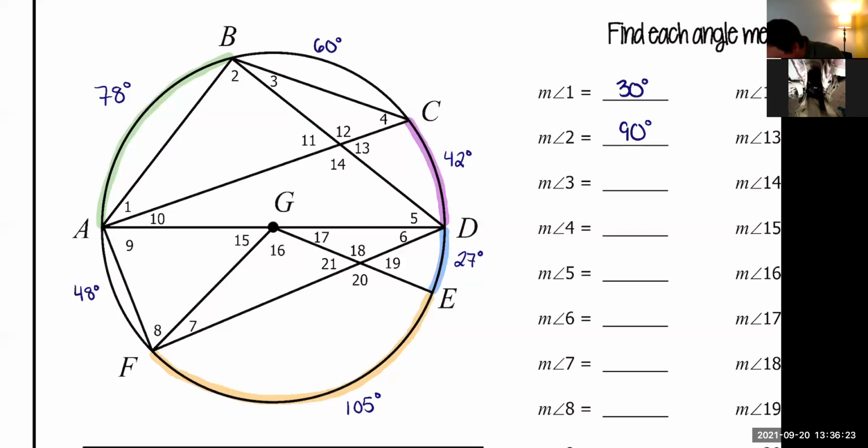Angle 3 kind of squeezed in there. Technically, we could call it angle CBD. It is an inscribed angle intercepting arc CD. It's also inscribed, so it's going to be half that arc measure, which is 21 degrees.